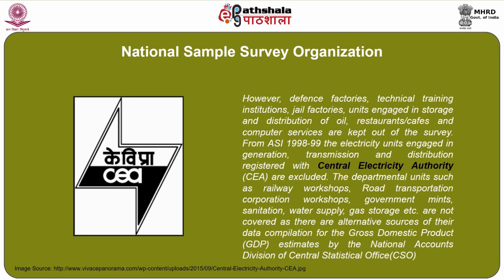The departmental units such as railway workshops, road transportation corporation workshops, government mints, sanitation, water supply, gas storage, etc. are not covered, as there are alternative sources of their data compilation for the gross domestic product (GDP) estimates by the National Accounts Division of the Central Statistical Office, that is CSO.